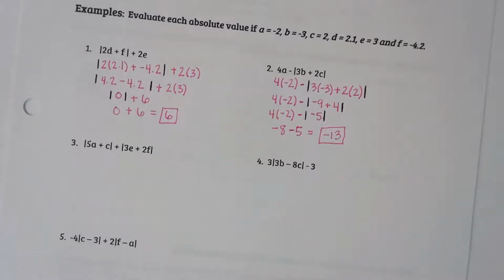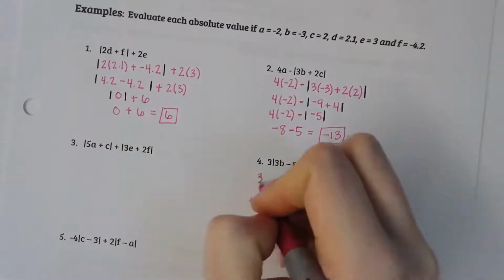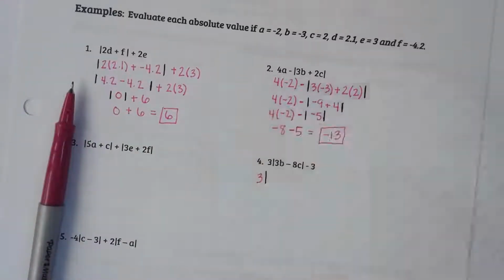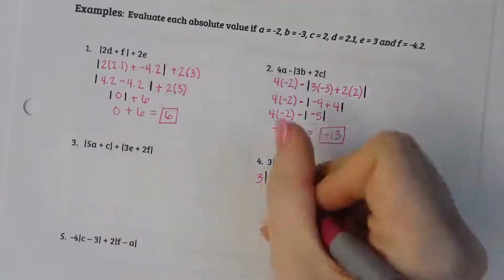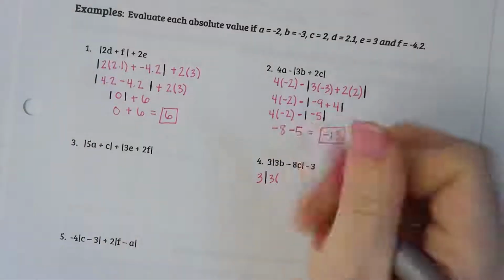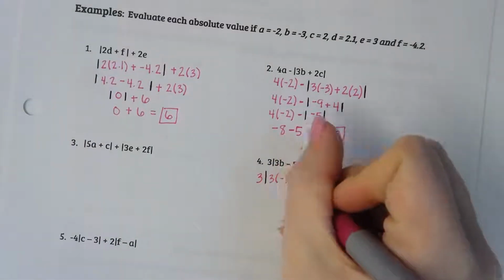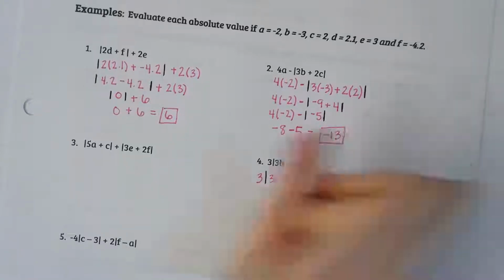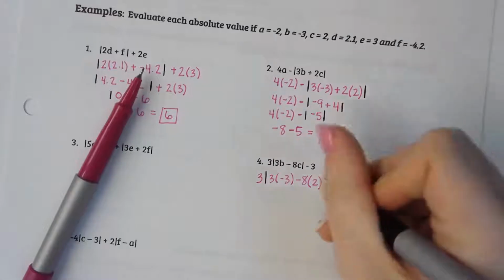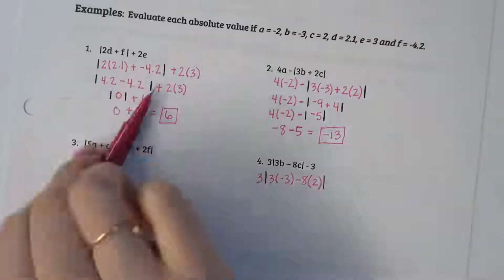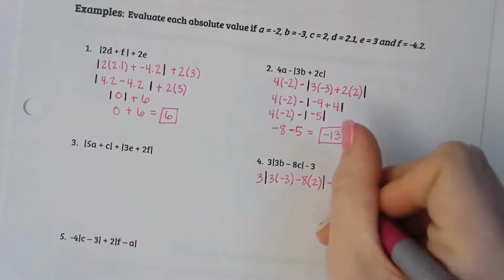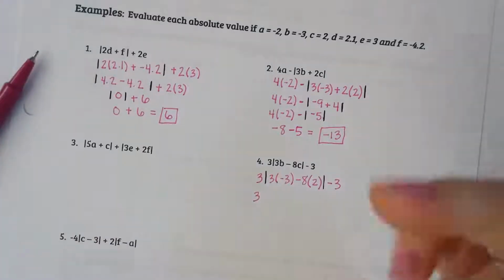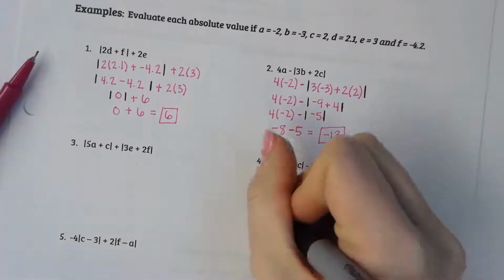So again, first thing that we want to do is plug in our values for our variables. So B was -3 and C was 2. So we need to do everything inside the absolute value first.